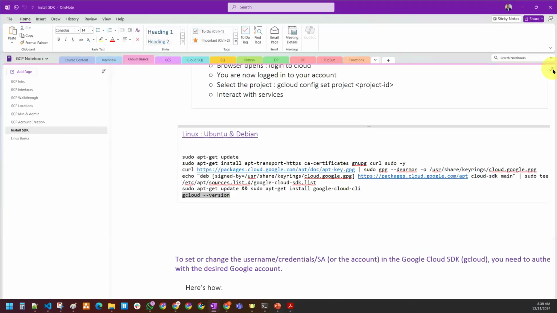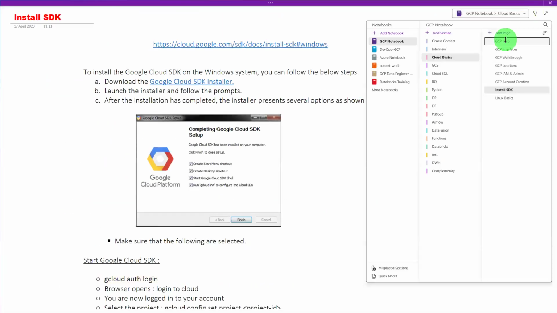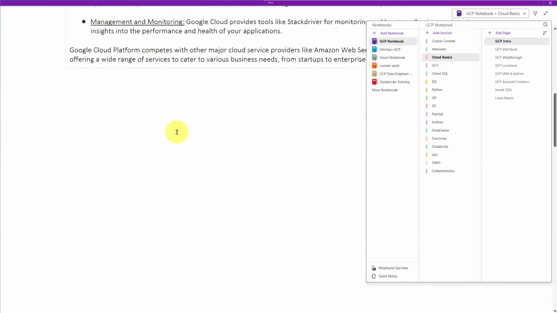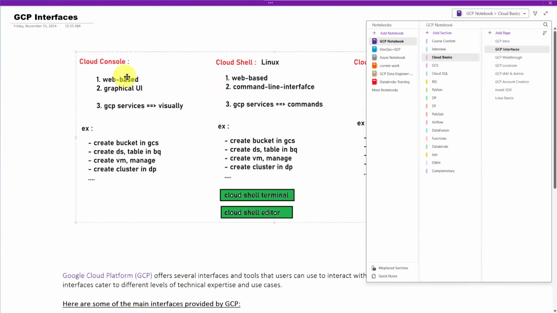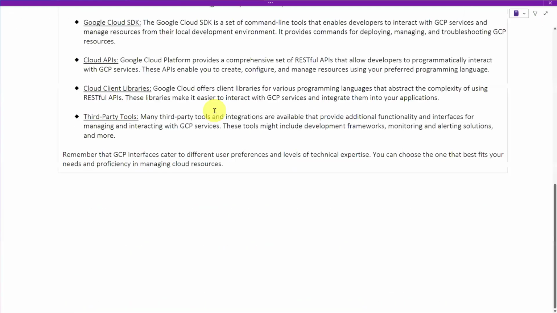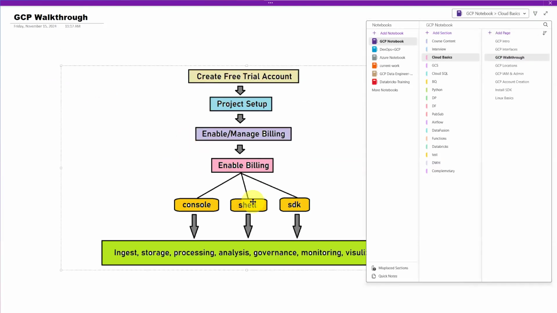For example, cloud basics. In the cloud basics, as I told you guys, GCP introduction. What is GCP? GCP interfaces, console, Cloud Shell, and Cloud SDK, and how do we work with these things? Console walkthrough: how do we create a free trial account, project setup, all of these things.